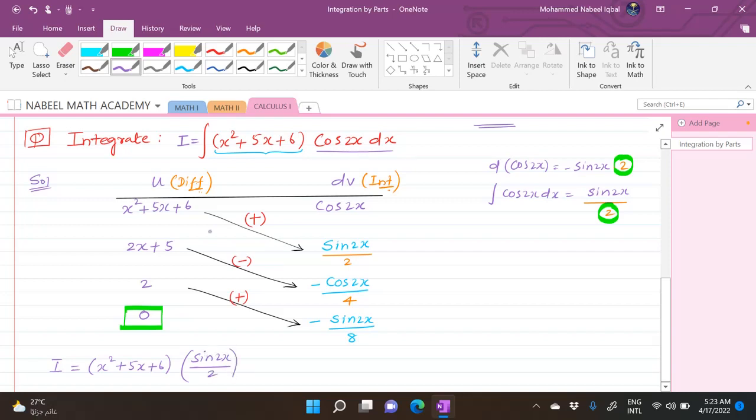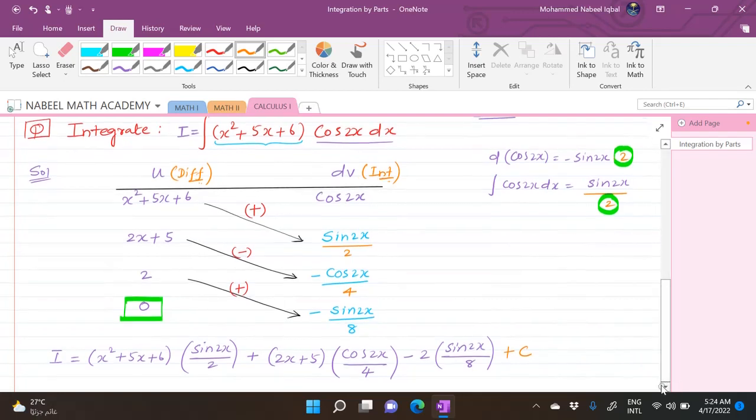So the first part is complete. Here minus of minus becomes plus. Then 2x plus 5 into cosine 2x over 4. Next minus into plus, it is minus 2 times sine 2x over 8, plus integration constant c, since it is an indefinite integral. Clear?